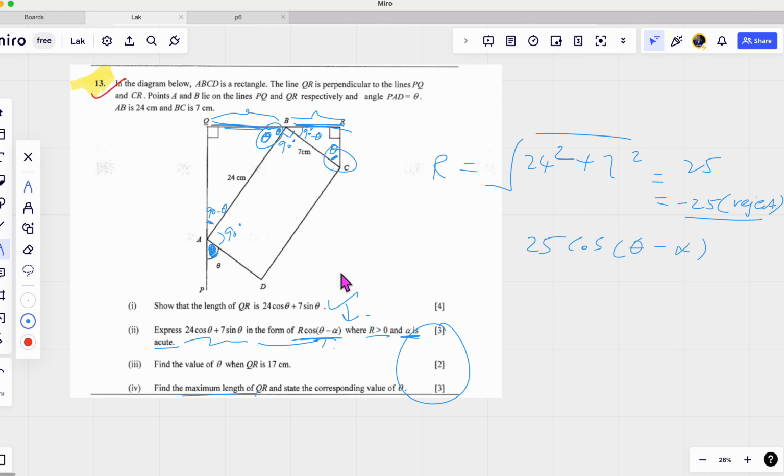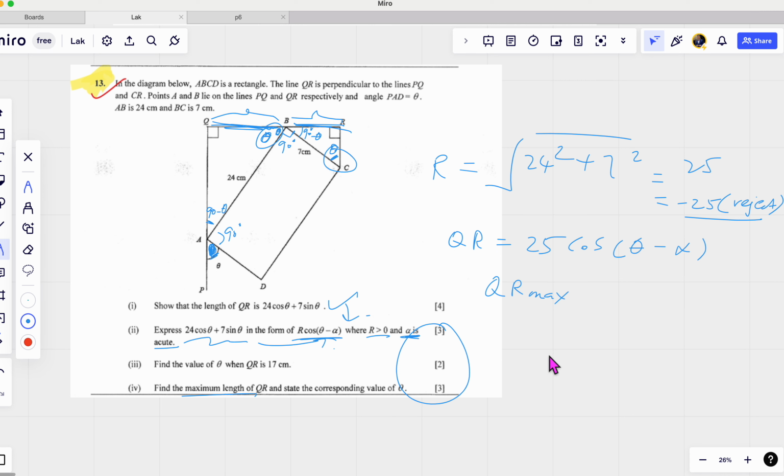So that means this whole thing is the length of QR. So QR basically is converted into this format already, and they ask you for the maximum value of QR. So what is QR max?